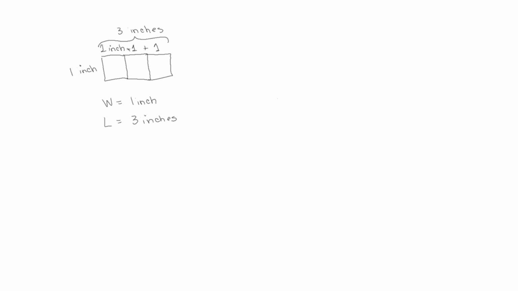Now let's say we want to make another rectangle, but we want the length to be 3 times this rectangle. So we have 3 inches as our length here. So 3 times 3 is 9. So we need 9 this way for our length, and we need 1 times 3 for our width.